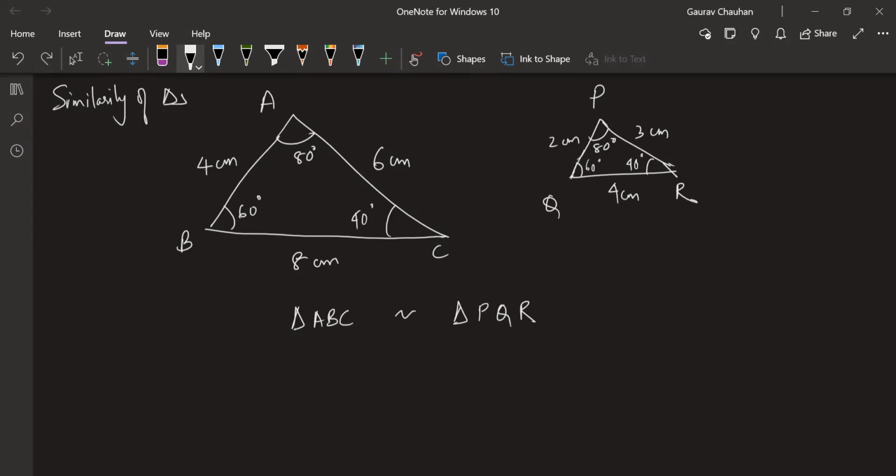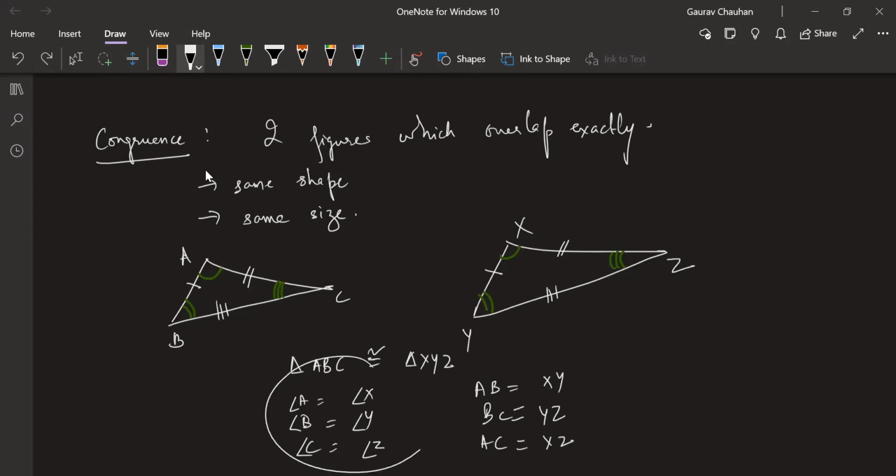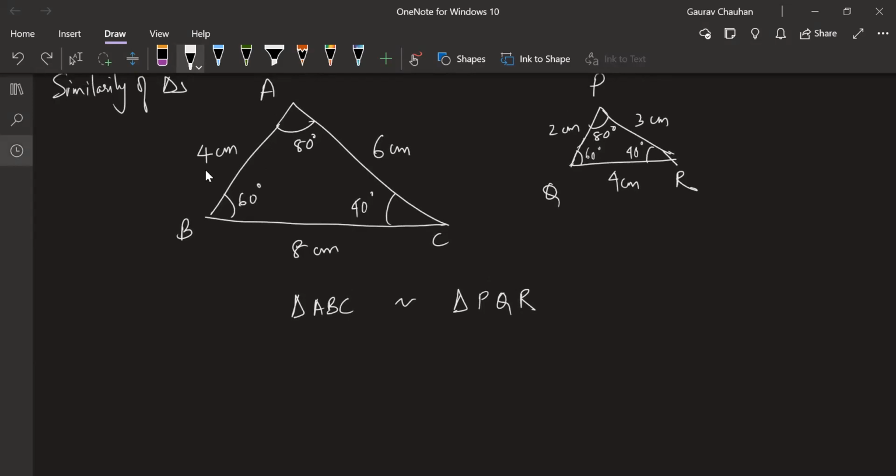Like when we said they're congruent, we saw that all corresponding angles are equal, and all corresponding sides are also equal. In similarity, there is a slight difference.